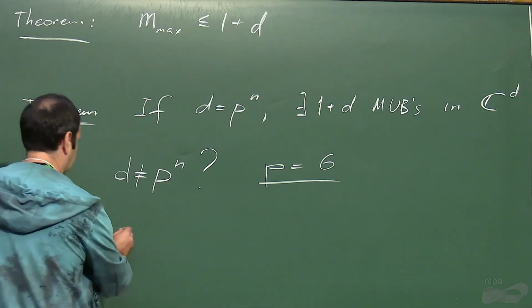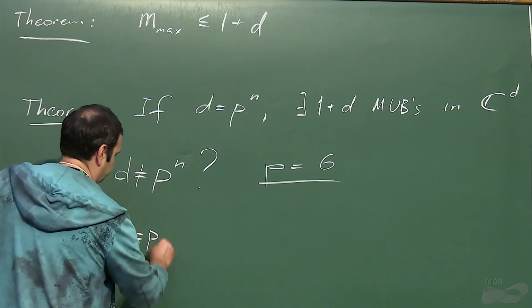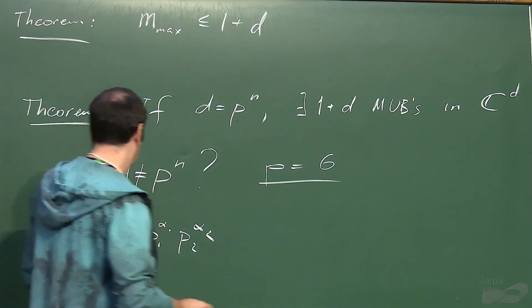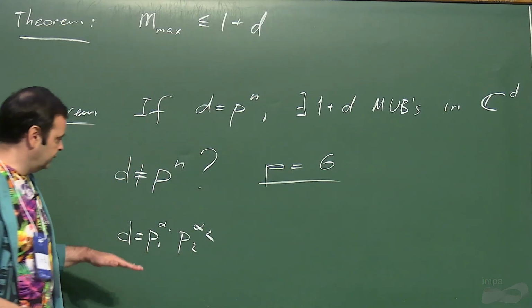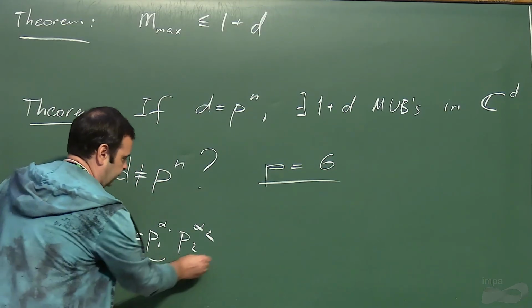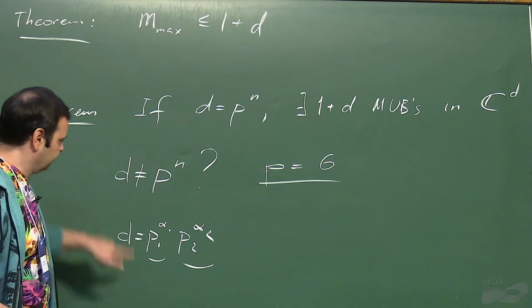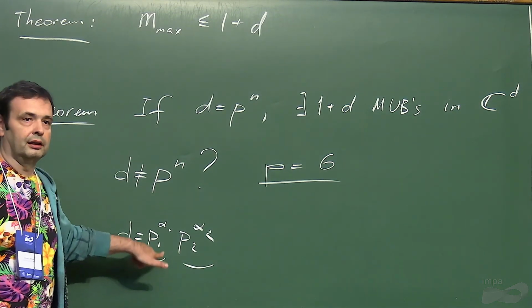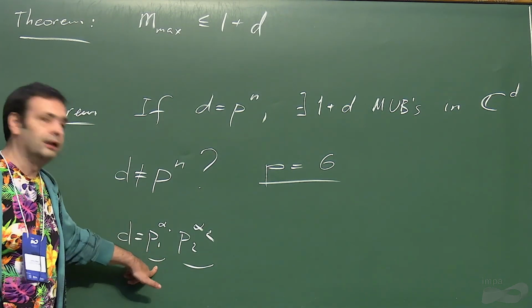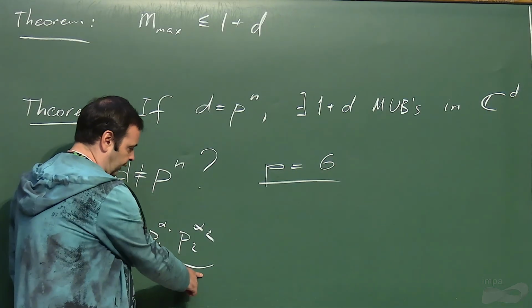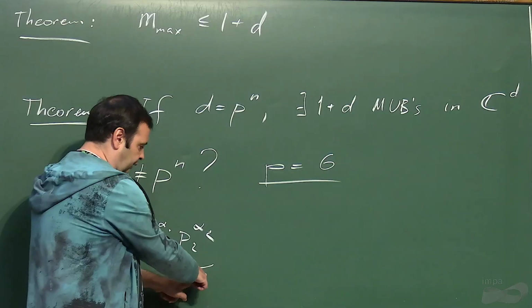Say d is p_1^alpha_1 times p_2^alpha_2. You can write C^d as a tensor product of spaces with these dimensions. By this theorem, you can construct mutually unbiased bases here, and you will have this number plus 1. And you can construct the same thing here.